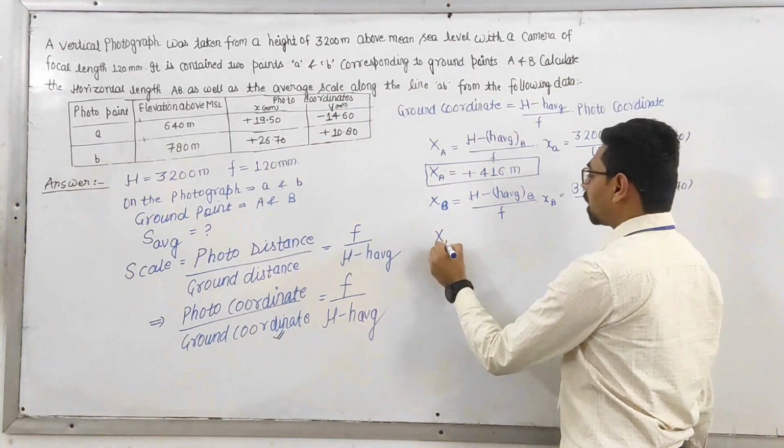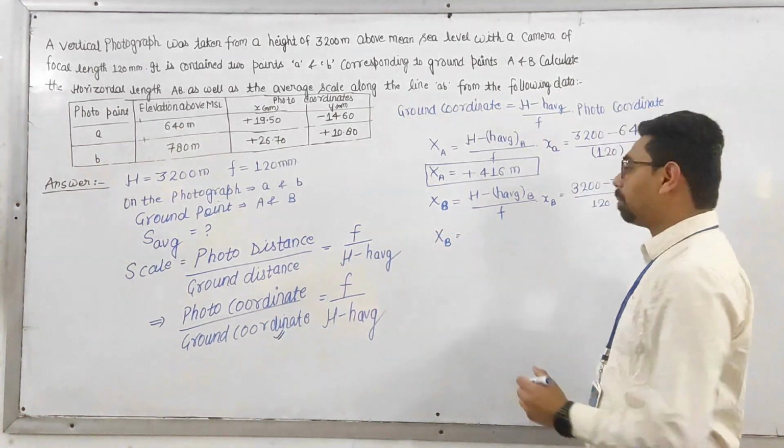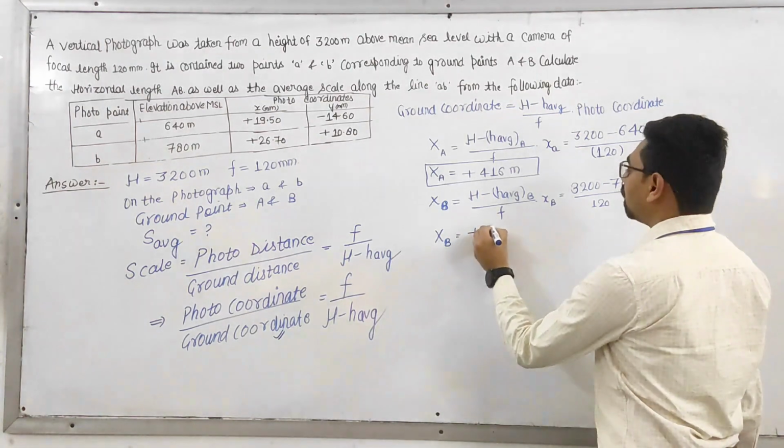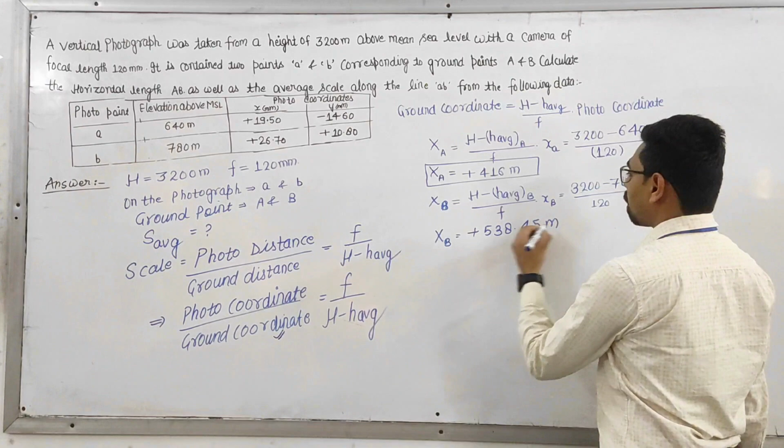We calculate XB and we get the value of XB as plus 538.45 meter.